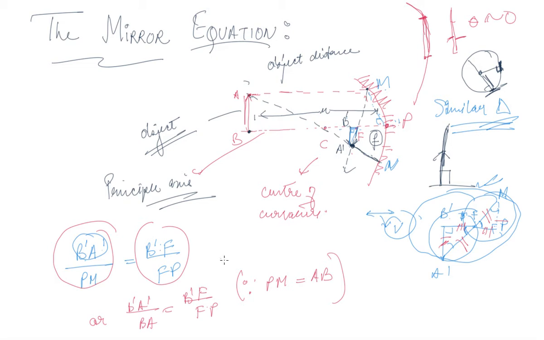Now further moving on, let us compare the similarity of triangles between triangle A dash B dash P and triangle ABP. I'm magnifying this over here: this triangle and this triangle. This is 90, and this is 90.